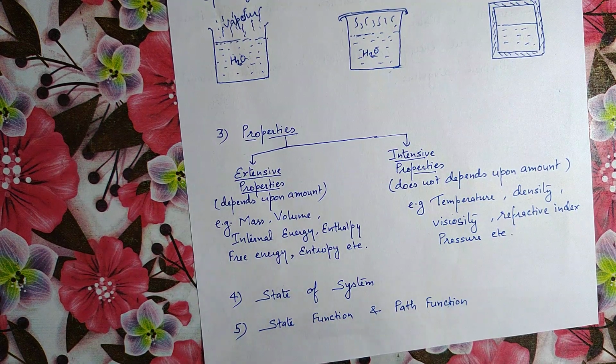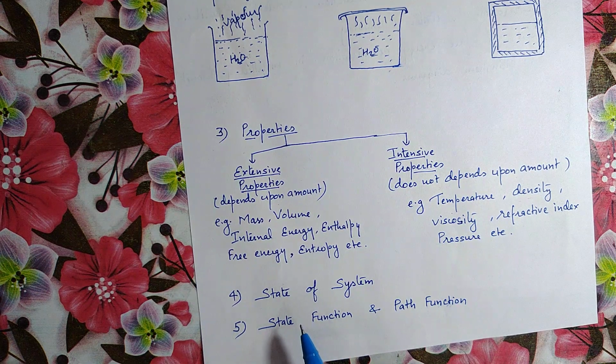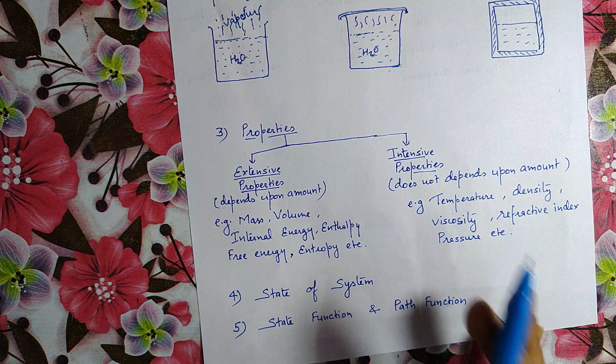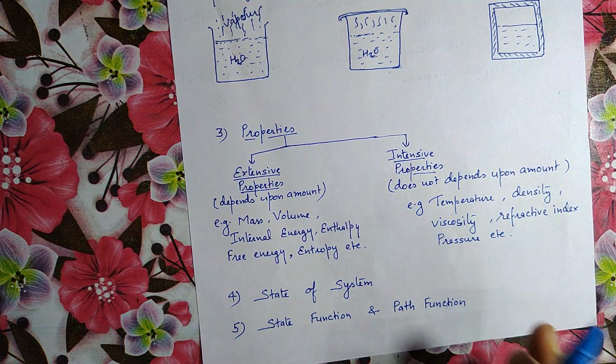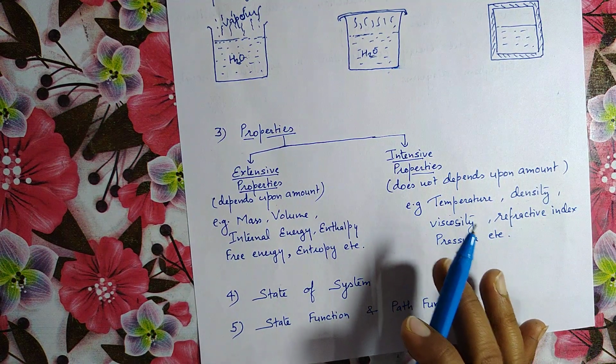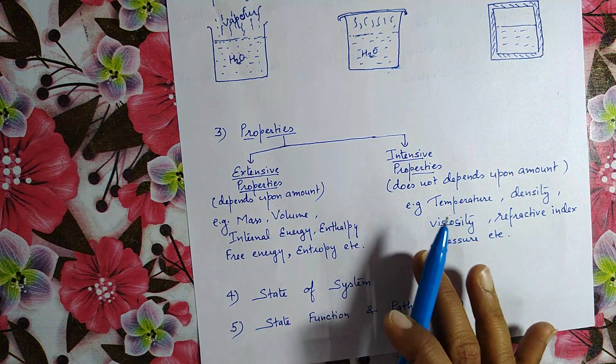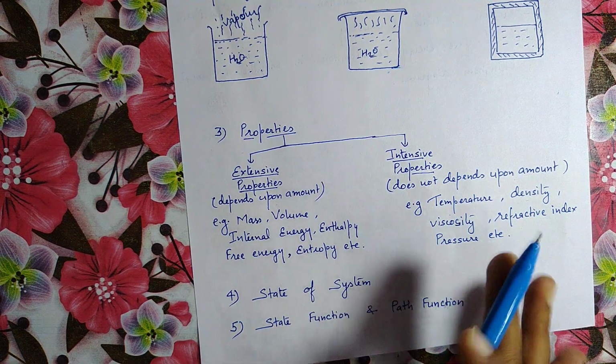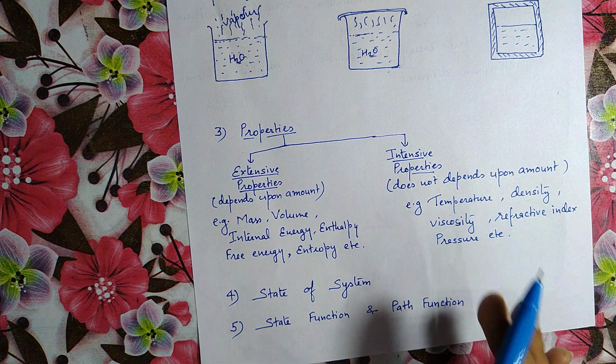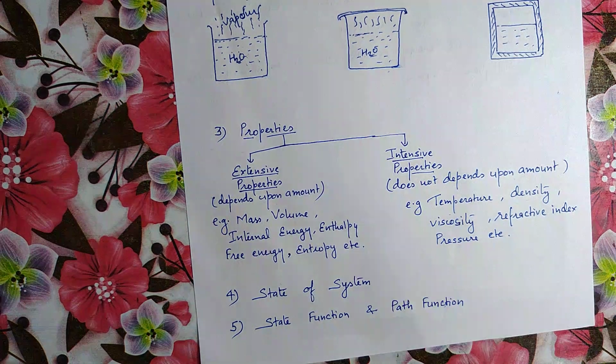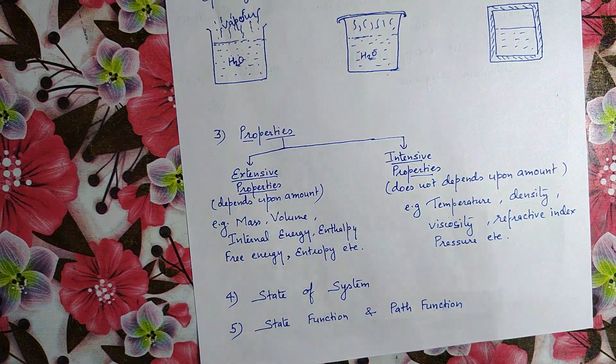Then come to the next term, that is the state of the system. What is state? State refers to the condition of the system, and the state of the system can be specified by some properties. For example, take an ideal gas present in a container as a gaseous system.